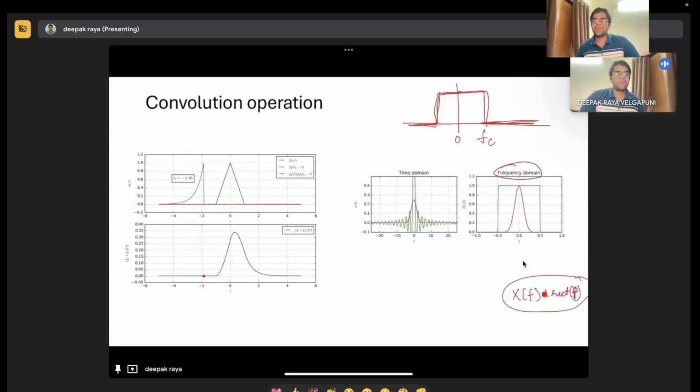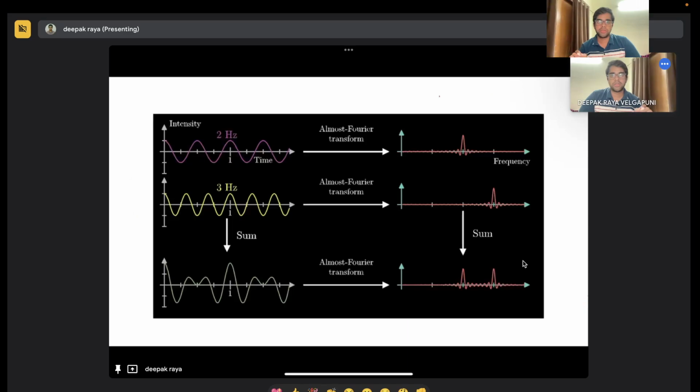So coming to the previous examples that we were showing, we have a 2 hertz and 3 hertz signal, and you sum up, you get this kind of a time signal, right? And we always used to write it as almost Fourier transform, and it's not an impulse, as we discussed in the Fourier transform of a periodic sinusoid signal. What exactly is happening is, this is not an infinite sinusoid, it is snipped until a few seconds here, maybe 2 seconds.